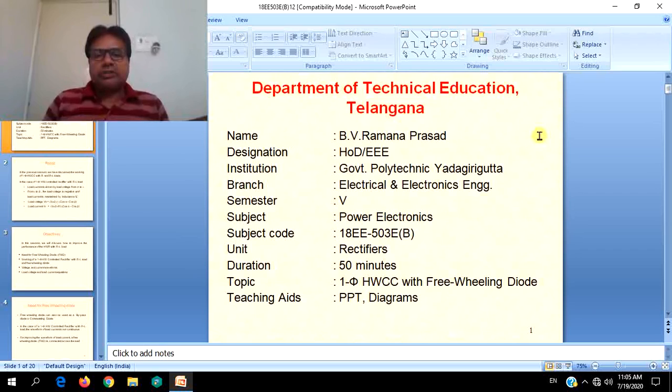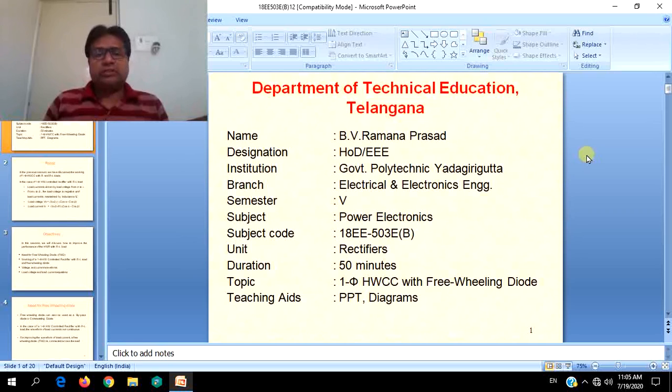In the previous session, we discussed the working and waveforms of single phase HWCC, that is half wave controlled converter, consisting of a single SCR, when the load is only resistive and also when the load is a combination of resistance and inductance.